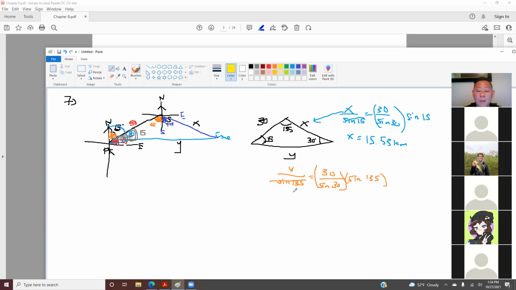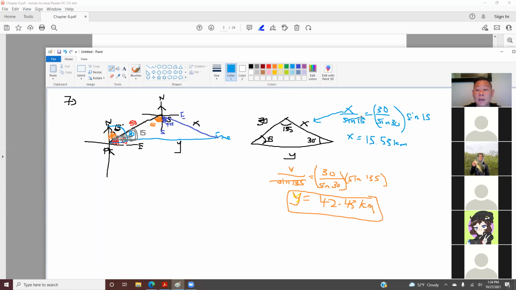And for Y, you just need to do the same thing, but replace your sine 15 with sine 135. So that is the easiest way for you to do it. That would be 42.43 kilometers.